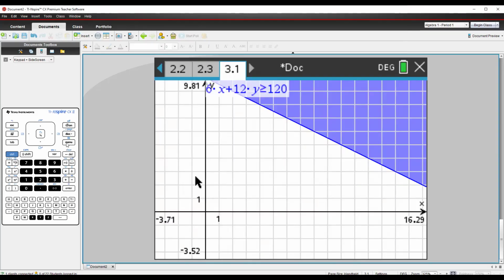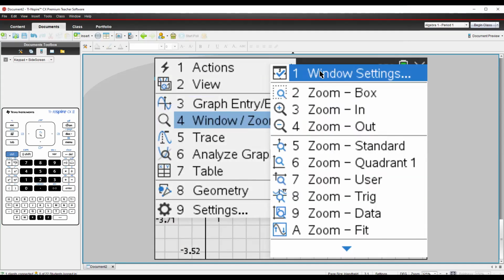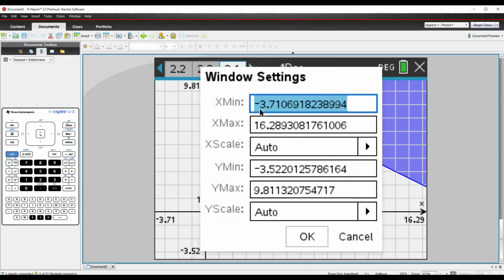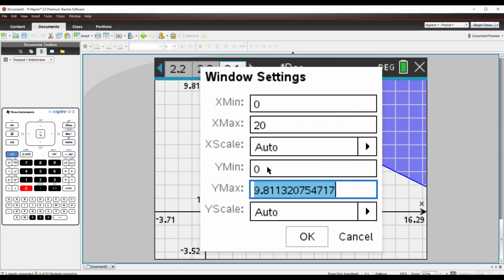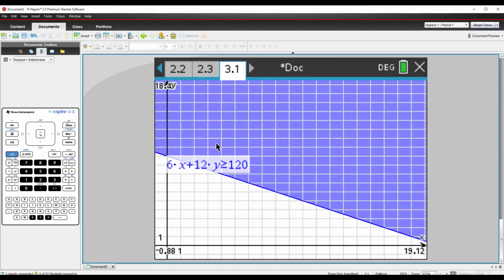I'm going to go menu, then window, then window settings, and I'm going to change this. I'm going to make this 0 to 20 for the max number of hours babysitting, and then 0 to 20, the max number of hours for tutoring. Now I'm going to pull this over just a little bit. So that's what the graph looks like.